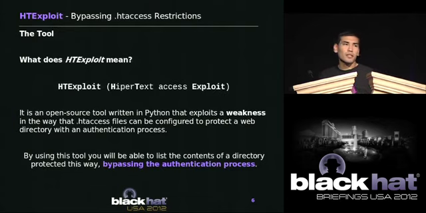The tool is named HTExploit, and the meaning is hypertext access exploit. It's a tool written in Python that exploits a weakness in the way that HTAccess files are configured. For example, you will be able with this tool to bypass the authentication process.